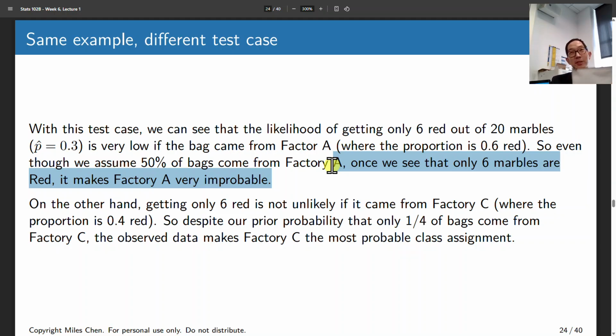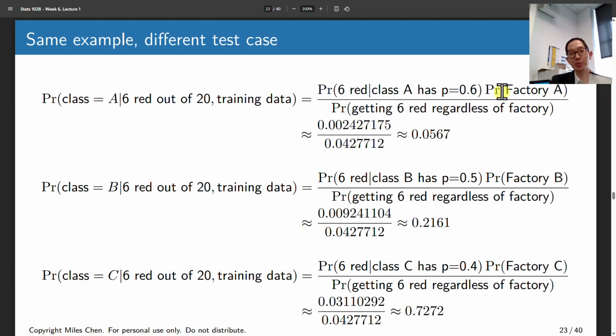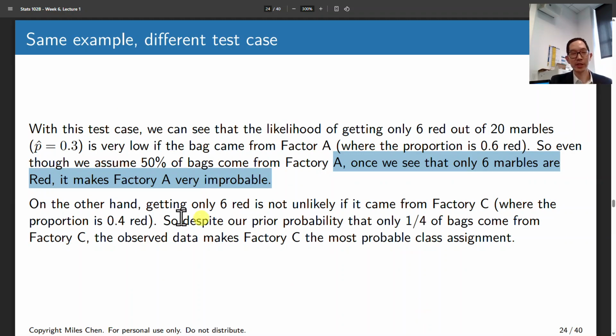And so when our test case comes along and it's only 30% red, even though factory A is responsible for half of the bags out there, we're going to say, you know what, it's probably not coming from factory A. This sure looks a lot more like factory C, which has a fill proportion of 40% red. So even though our prior probability is only that a quarter of the bags come from factory C, our observation, where our test case was basically only 30% red, makes factory C the most probable class assignment.